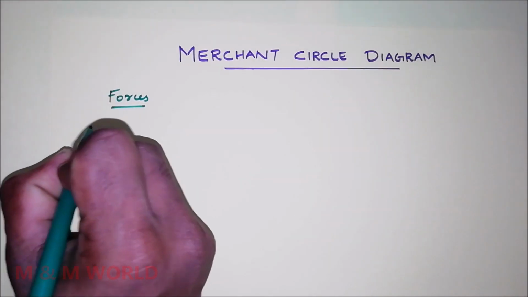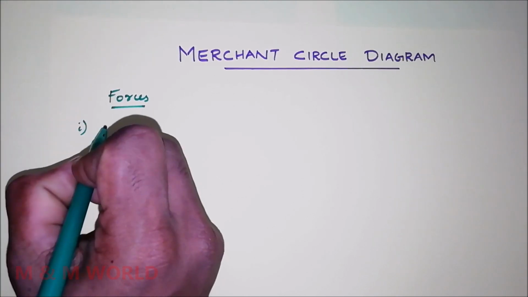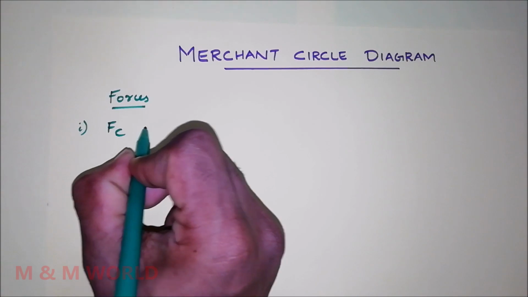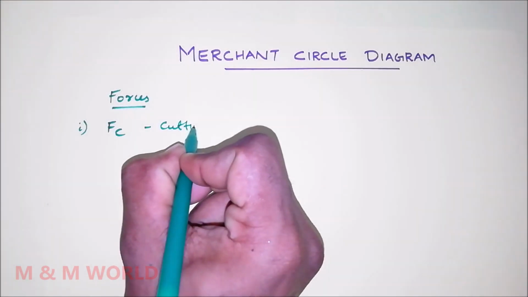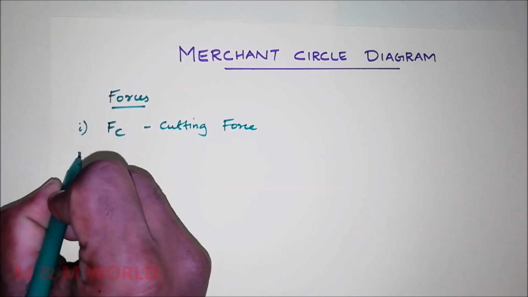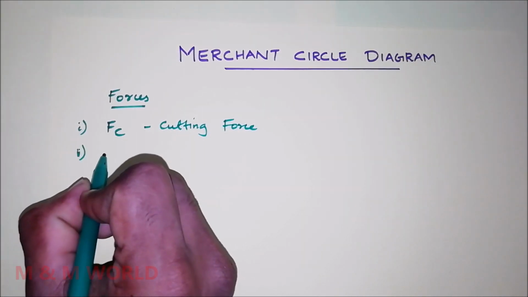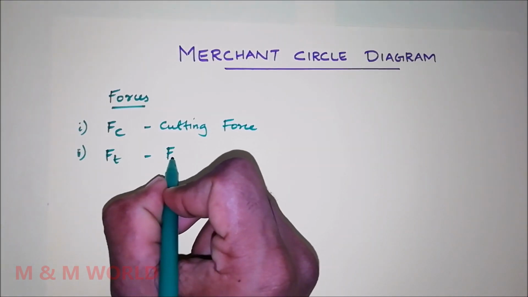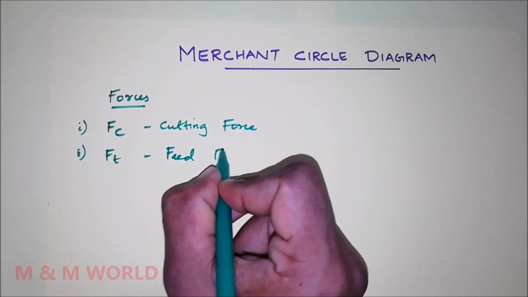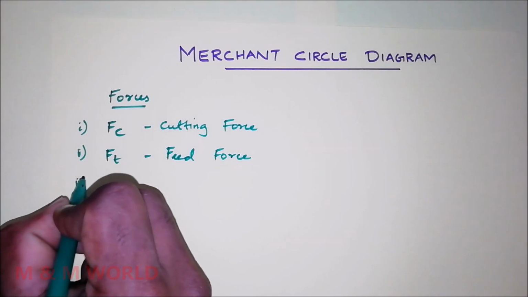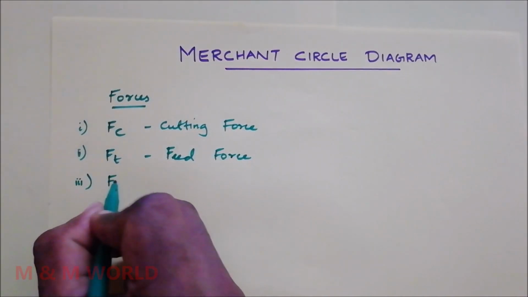First one, FC. FC is the cutting force. Second one, FT. FT is the feed force. Third one, FS.